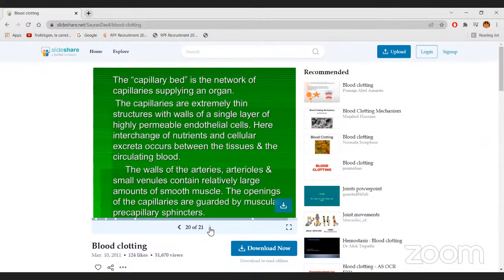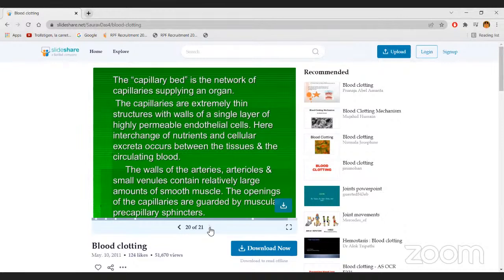The capillaries are extremely thin structures with walls of a single layer of highly permeable endothelial cells. Hence, interchange of nutrients and cellular waste occurs between the tissues and the circulating blood. The walls of the arterioles and small venules contain relatively large amounts of smooth muscle. The openings of the capillaries are guarded by the muscular precapillary sphincters.